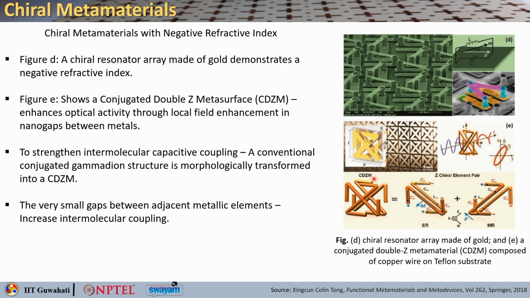So, the very small gaps that you see between the adjacent metallic elements basically increase the intermolecular coupling, right, and that can be characterized by electrical capacitance. Okay, here also you can see the same thing. So, here you are basically using this conjugated double Z metamaterial composed of copper wires. So, these are copper wires on Teflon substrate.